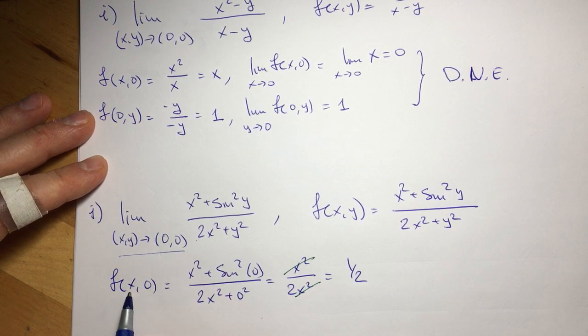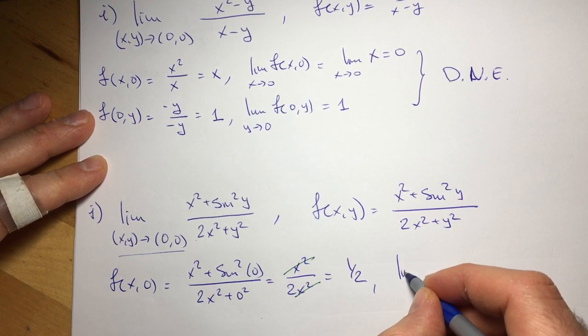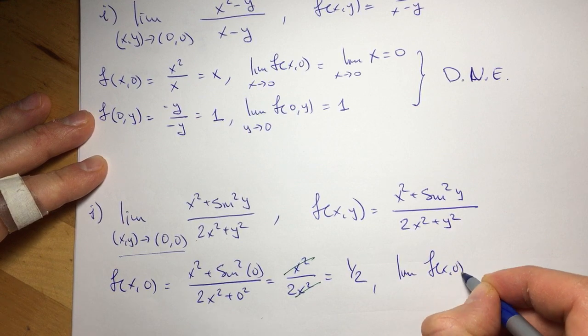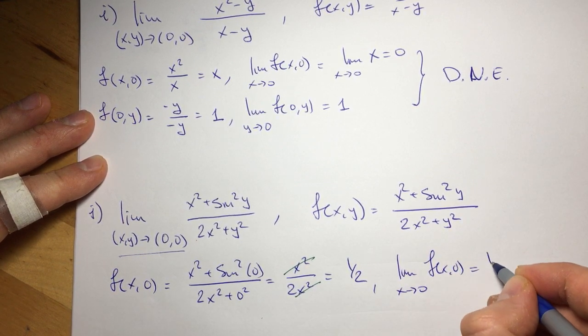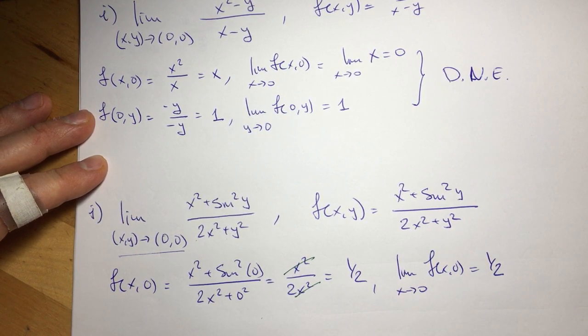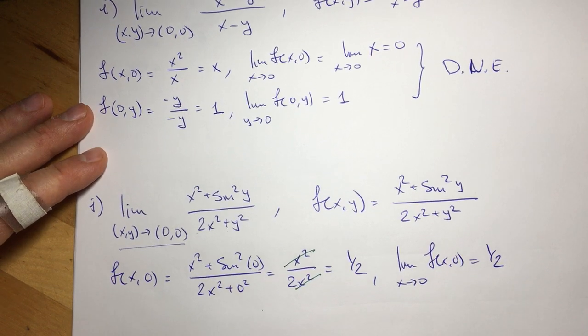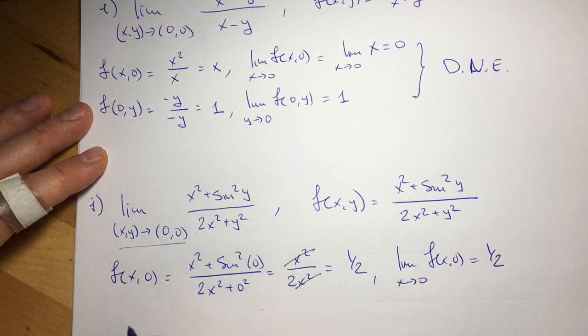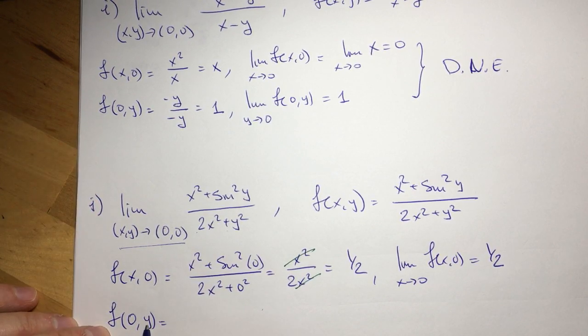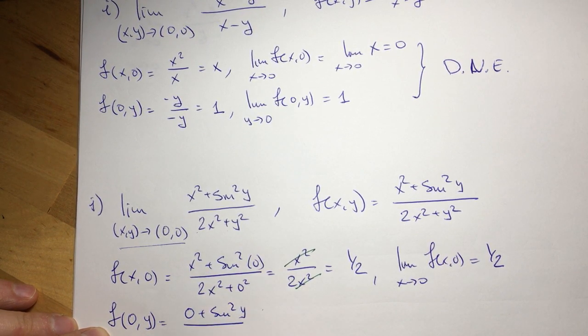Now the limit of this function as x approaches 0 is going to be 1/2. Then what happens when I take x equal to 0 and I approach the origin along the y-axis? Then I get 0 plus sine squared of y over 2 times 0 squared plus y squared.